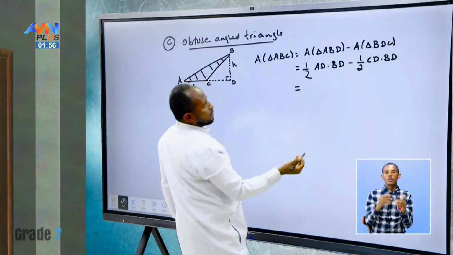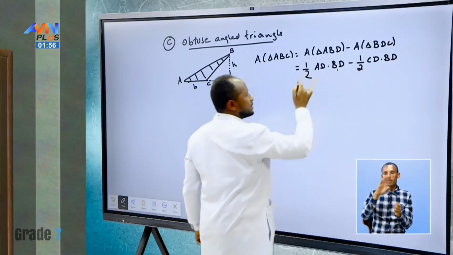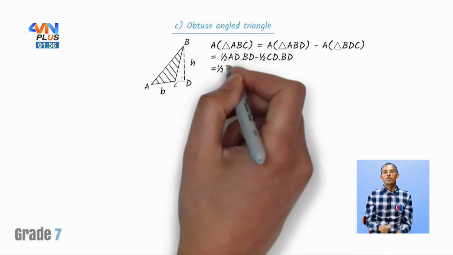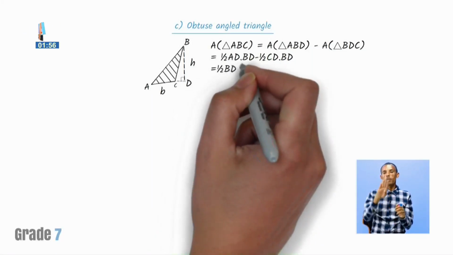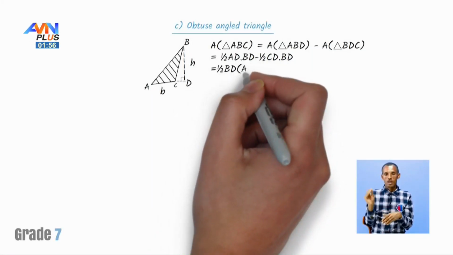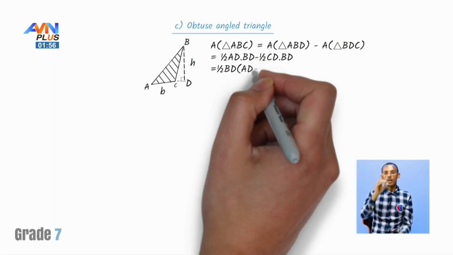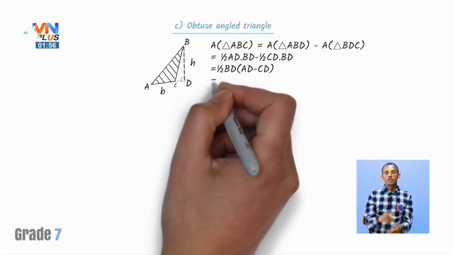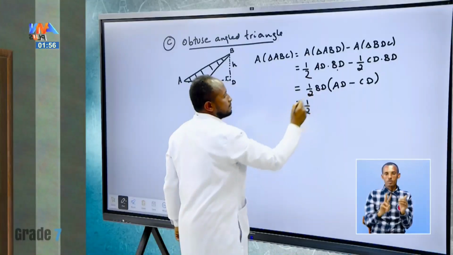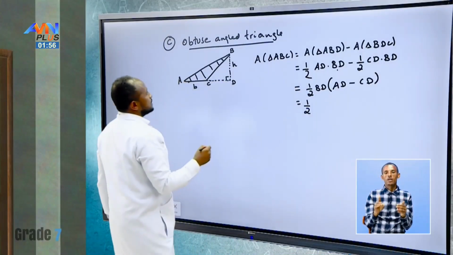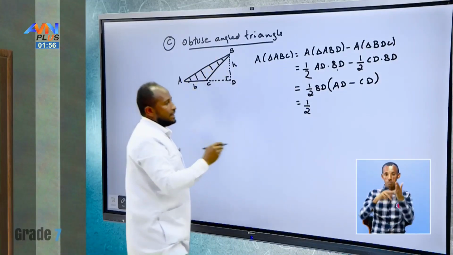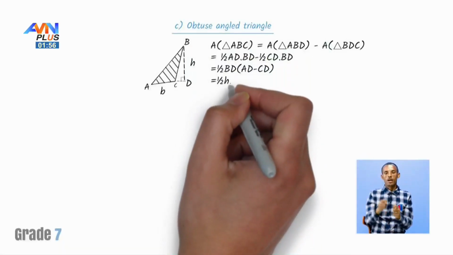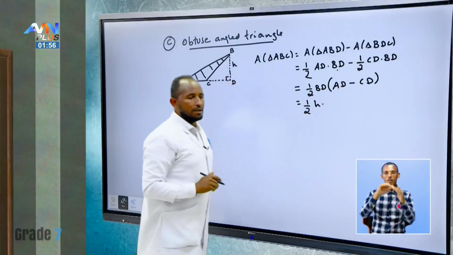You can take the common factor. Half BD is common. So take half BD outside, and you have here AD minus CD. So this will be equal to half times BD. BD is the height of this triangle, H, times AD minus CD.